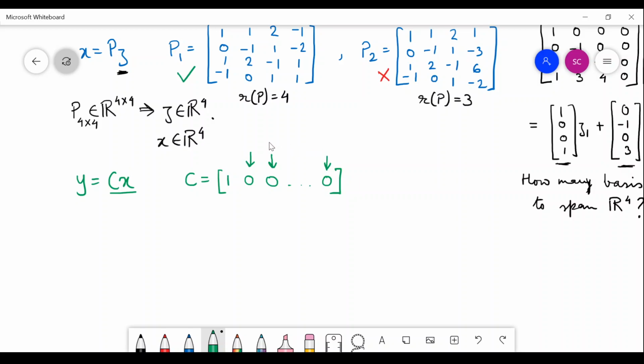But what is happening here, if you have a C matrix like this, then if you multiply it with x coming from R4, your C is not going to R4.